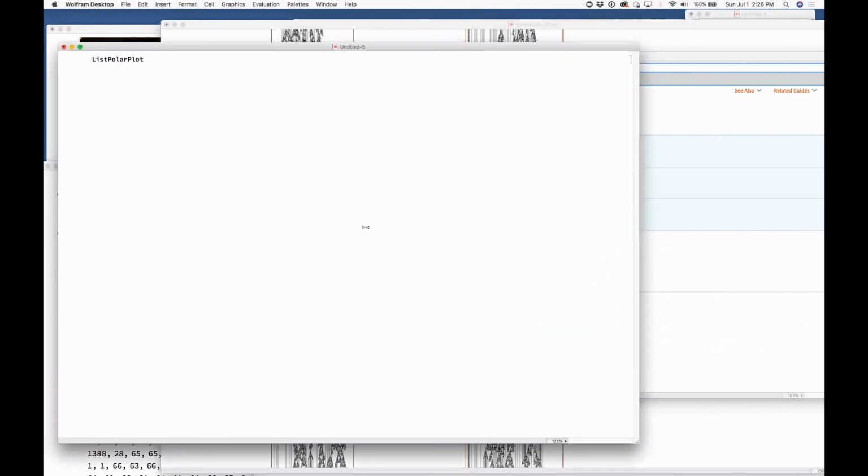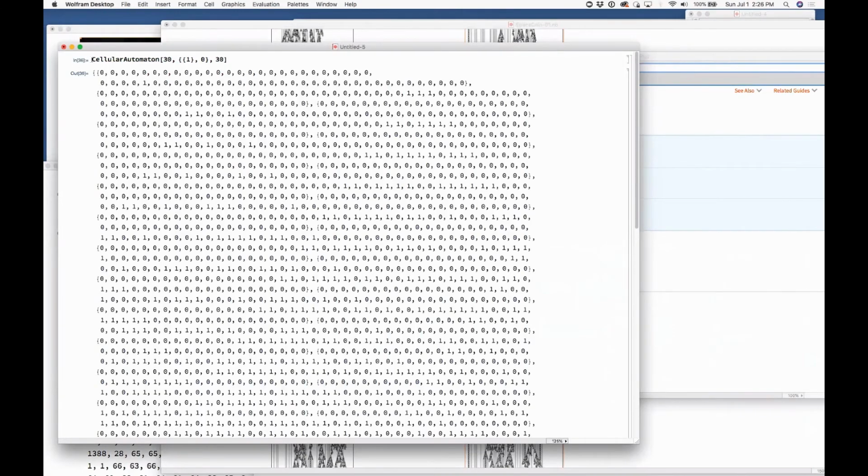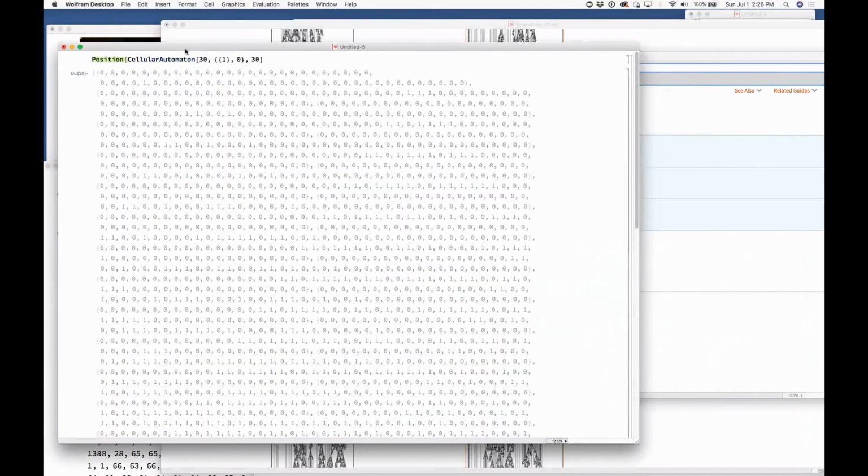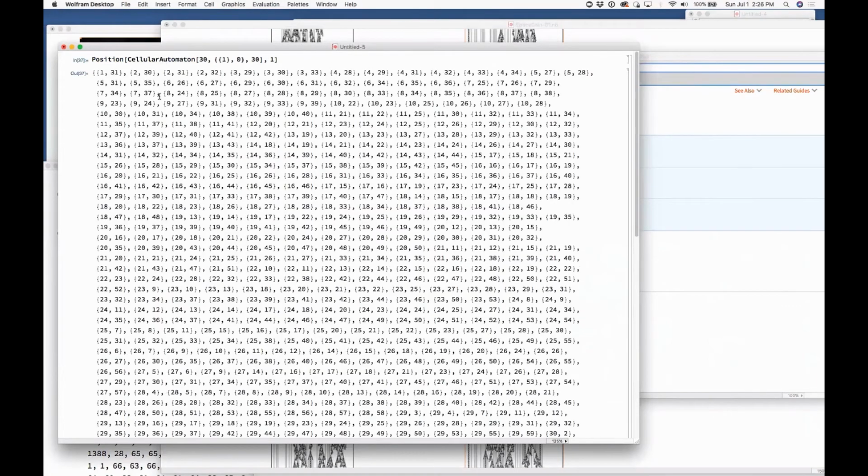So I claim what we should be able to do here is take the cellular automaton of rule 30, for example, and let's only go 30 steps, and then find the position of all the ones in this. That should give us, for each radial distance out, the angular positions, right?